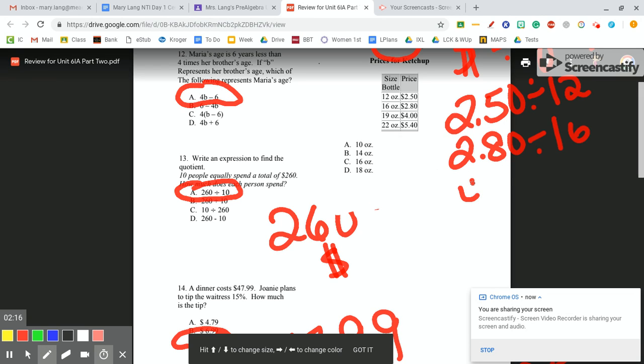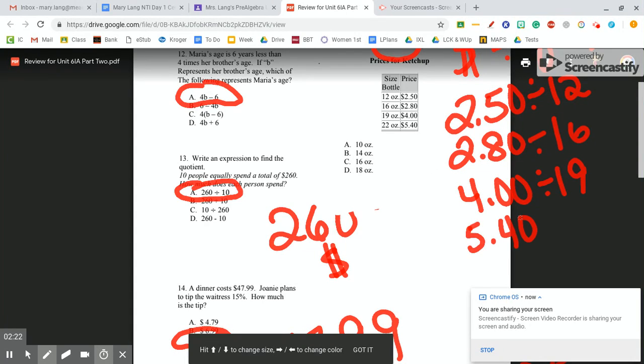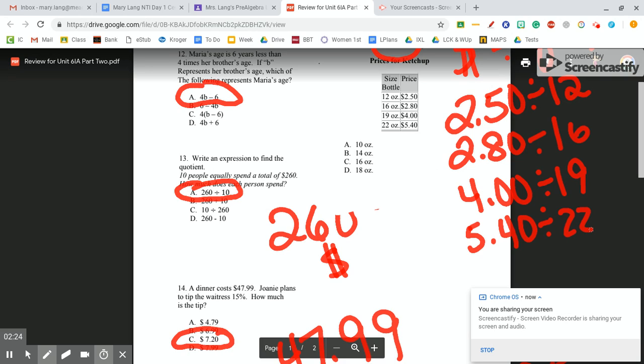Then I take 4 divided by 19, 540 divided by 22, and now I get my calculator, 250 divided by 12. I'm going to put it over here because I'm out of space over there.